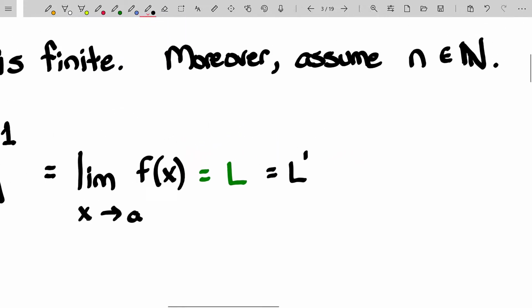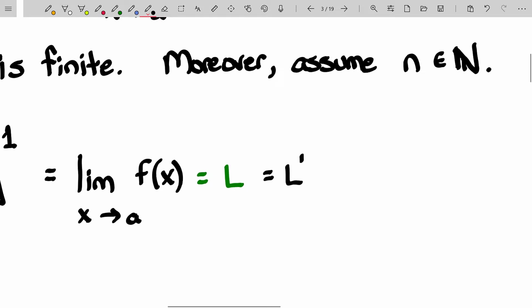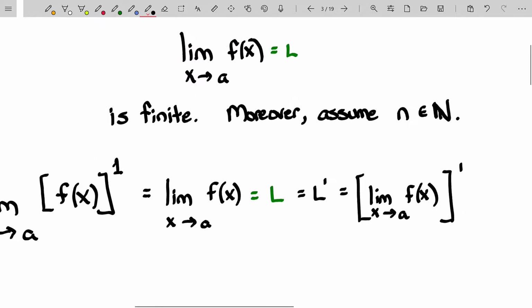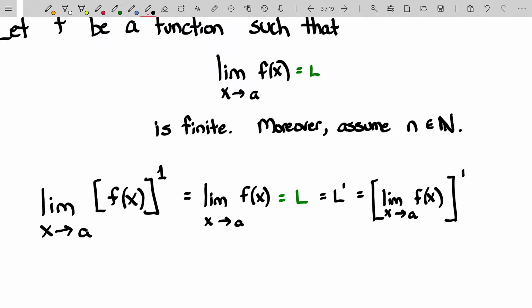And remember, L is just a fancy name for that limit. So this is going to equal that limit to the first power. And if you look at this, we have proven that at least for a first power, the limit as x approaches a of f of x to that first power is the same thing as the first power of the limit as x approaches a. So those two highlighted endpoints we've proven to be the same.